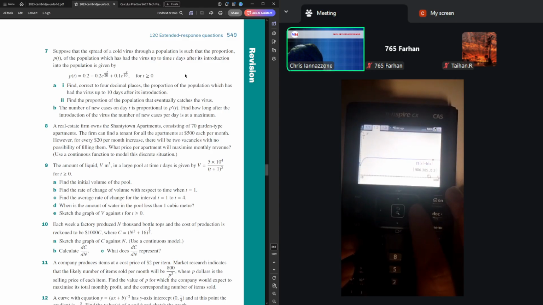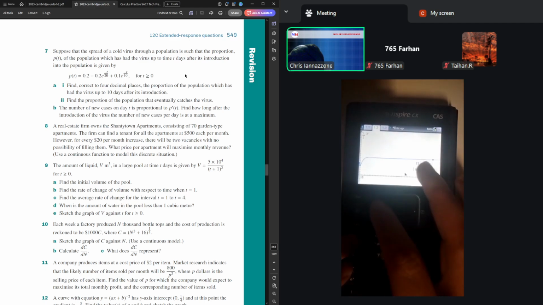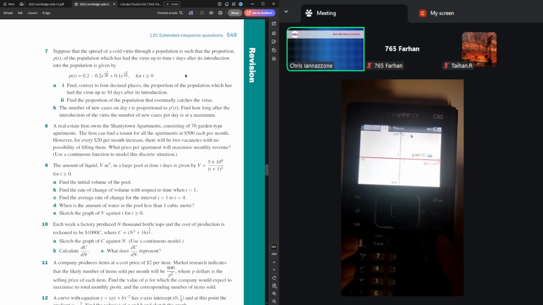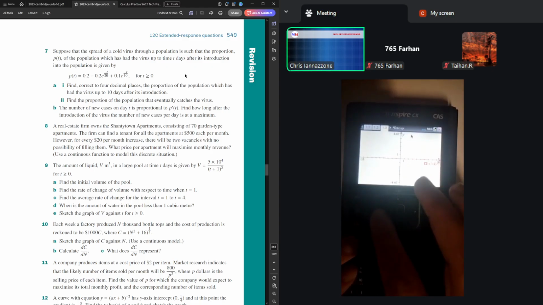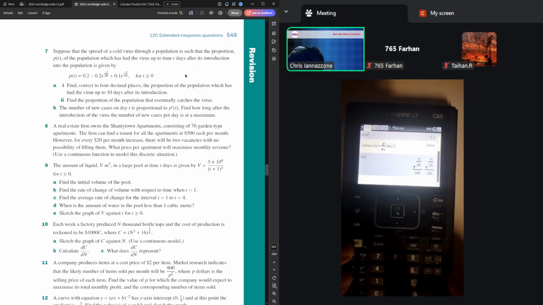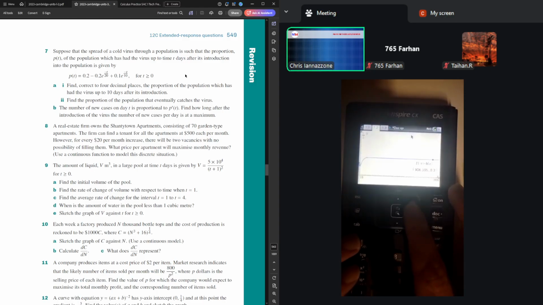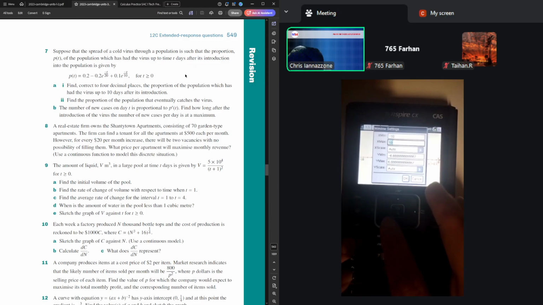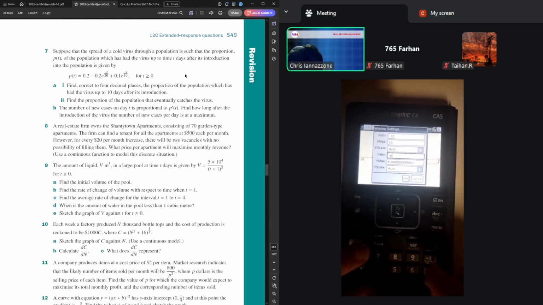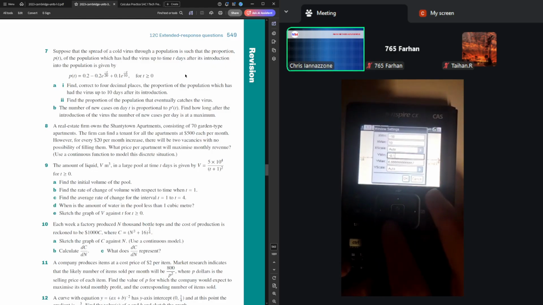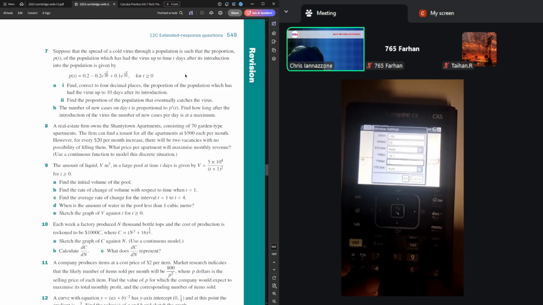So let's see. What are these settings? That doesn't look too great. Did I do my derivative wrong? Well, it is a function. Okay. Let's go with negative 0.1.